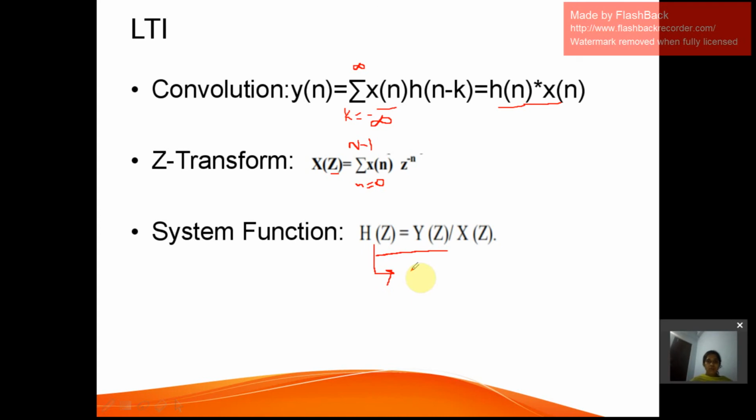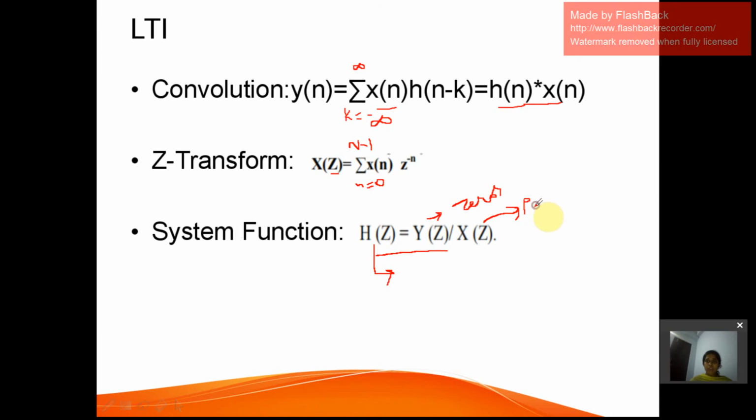In order to find the system frequency response of this function, we say that this is a transfer function, and the roots of the numerator of this transfer function are called zeros. You might know this from the control systems concept. The roots of the denominator of this transfer function will give us poles.